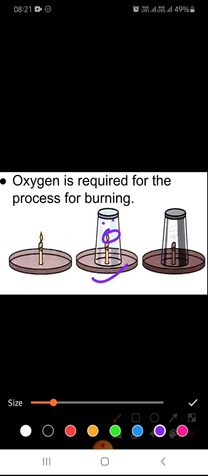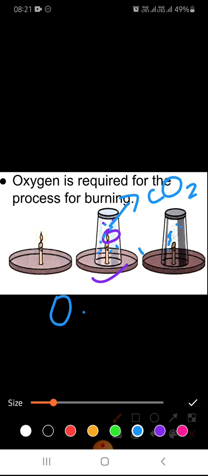Because the oxygen present inside the glass will be consumed in the process of burning, and only carbon dioxide will be left, because in the process of burning, carbon dioxide is released. So only carbon dioxide will be there inside the glass, and carbon dioxide does not support burning.